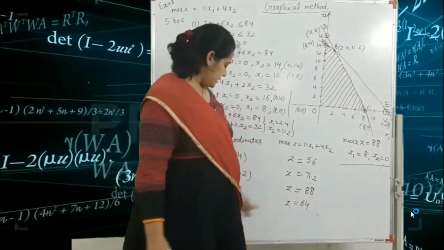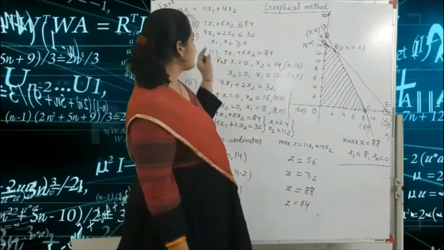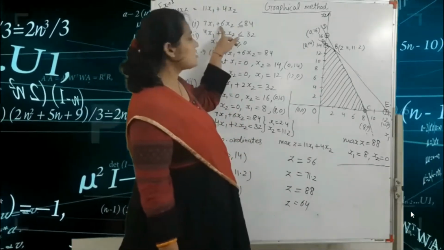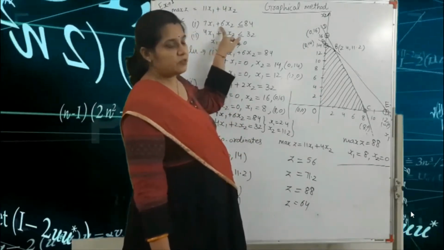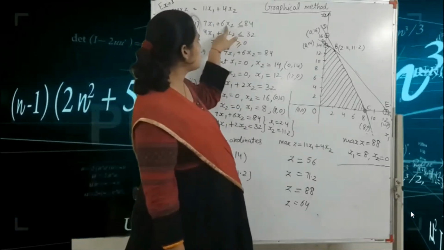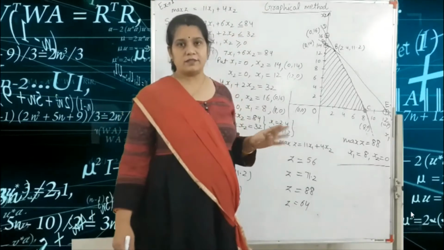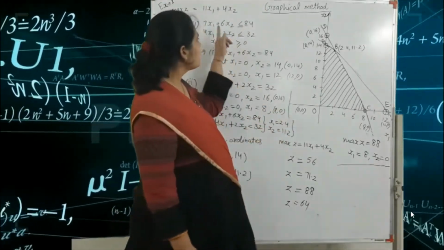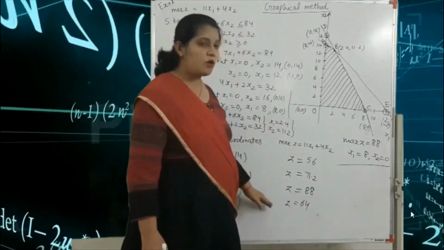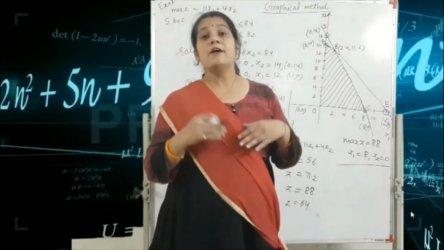But this 0, 16 does not satisfy the constraint equation, because here we put x2 is equal to 16, so 96 less than or equal to 84. This is wrong according to mathematics. So the point 0, 16 is not considered in the feasible region.